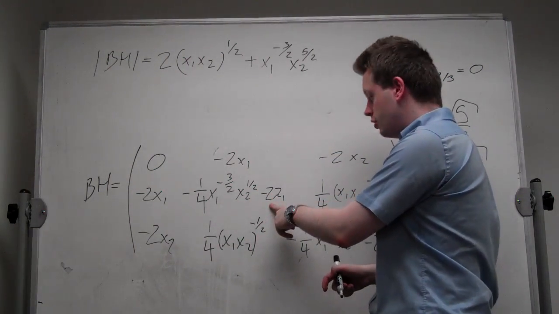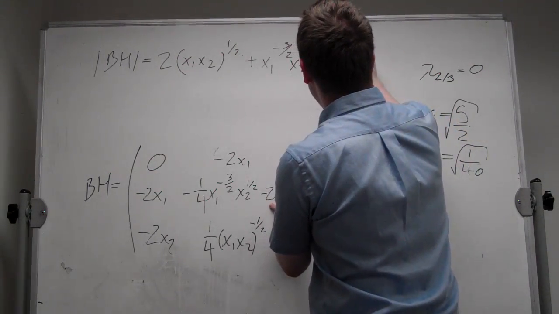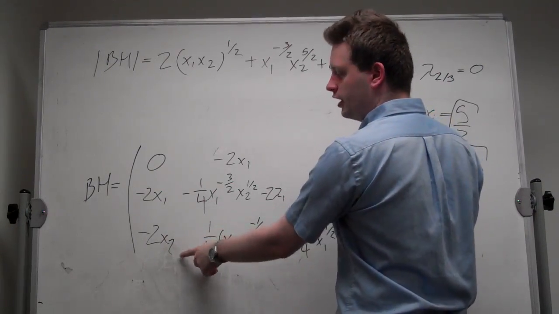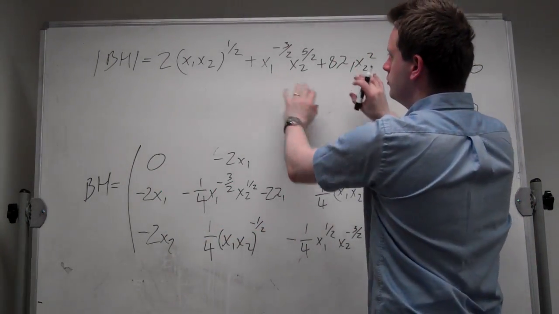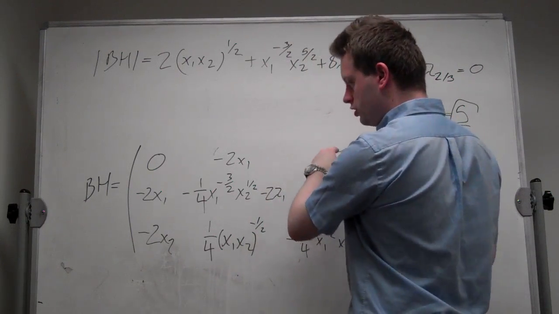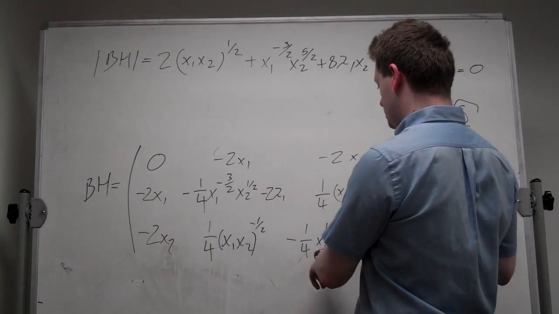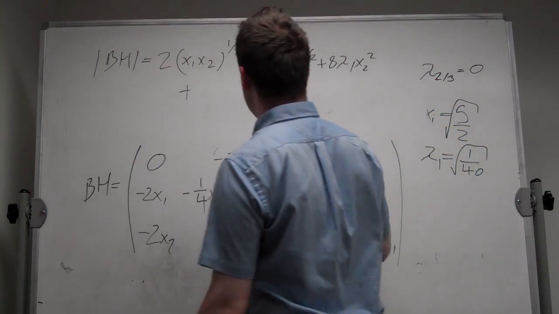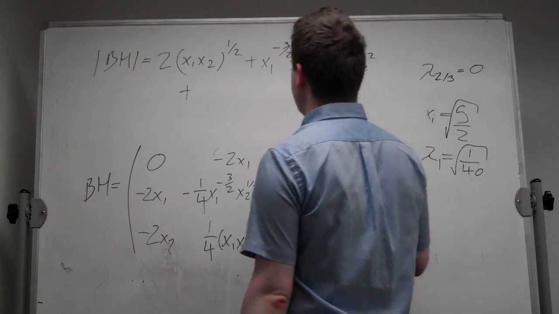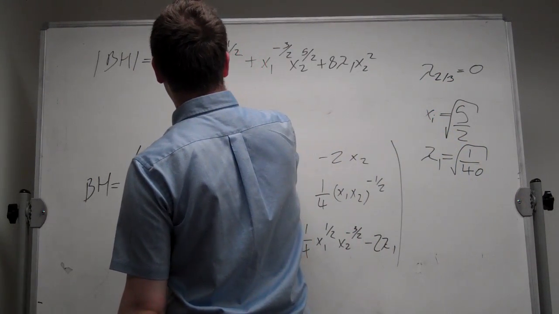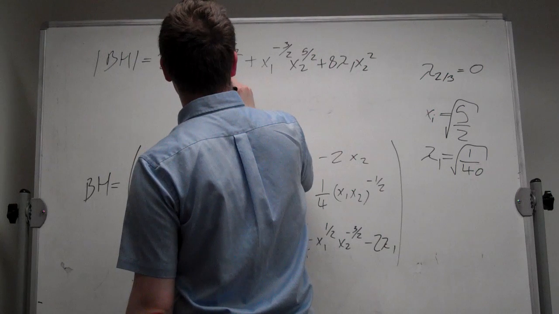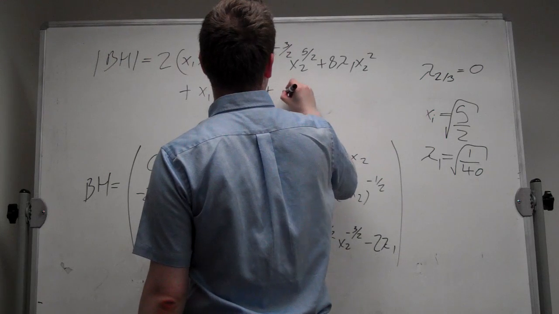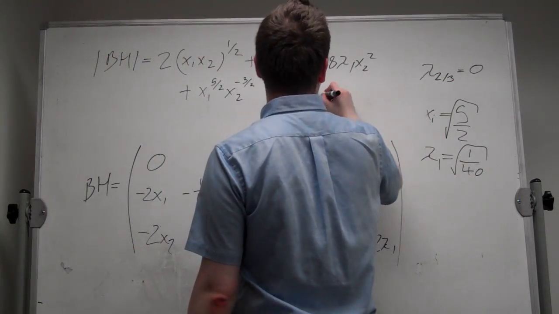We mustn't forget this term, which is simply plus a lambda 1, x2 squared. Don't forget the x's, right? So you have this term, and then we have the other one, so this is the main diagonal, then we have this diagonal here, and these two terms, which is simply the same, just with x1 and x2 replaced. So we get x1 to the 5 halves, x2 to the minus 3 halves, plus a lambda 1 x1 squared.